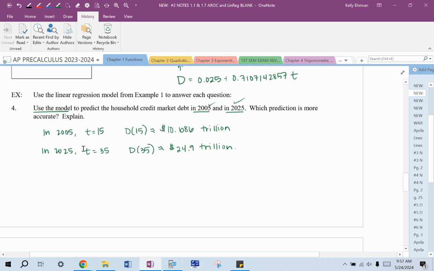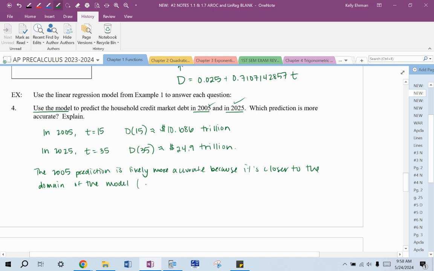So I would say that the 2005 prediction is, we don't know, so likely more accurate, because it's closer to the domain, the inputs, of the model.